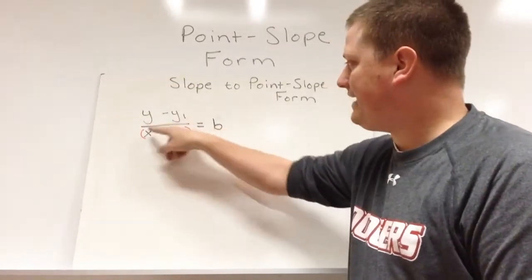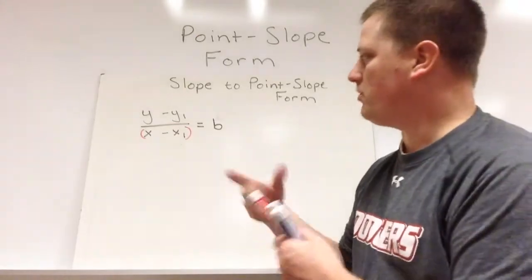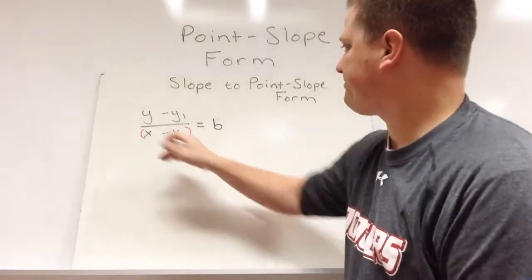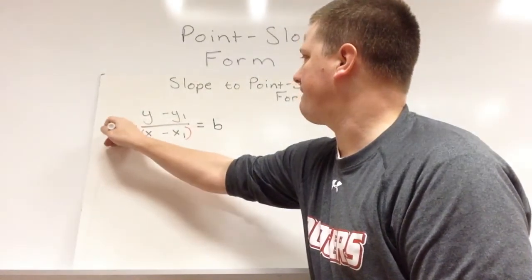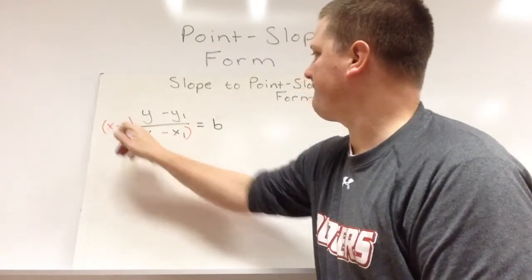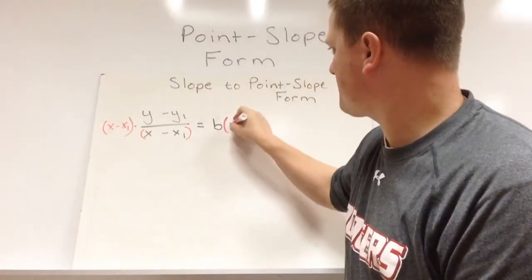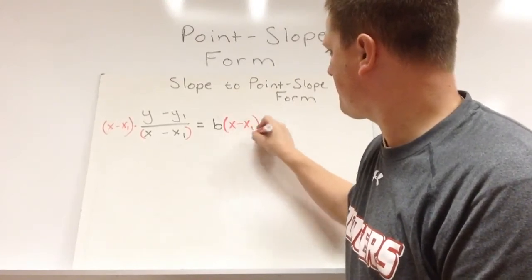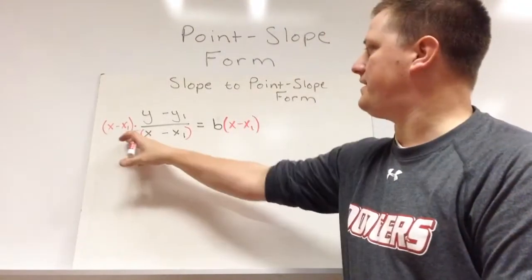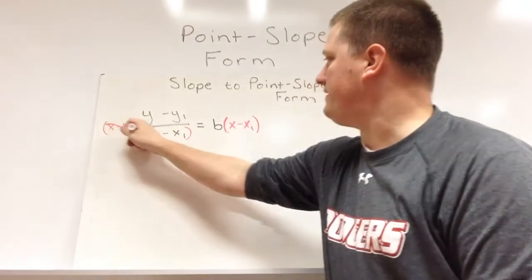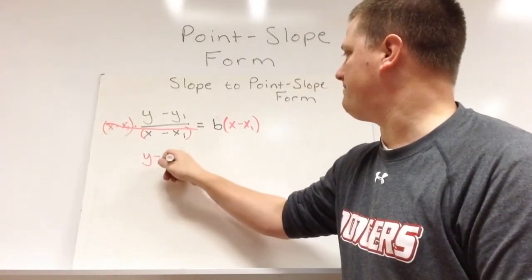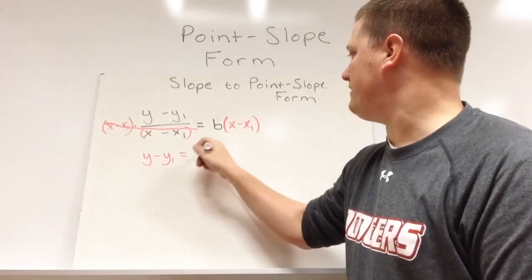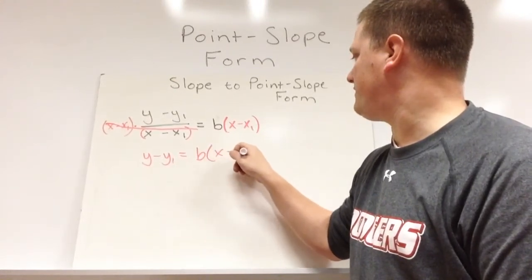We're dividing by this whole bottom, so if we multiply by it, notice I've used the balance method. I've multiplied on both sides. These cancel out. We're left with y minus y1 equals b times x minus x1.